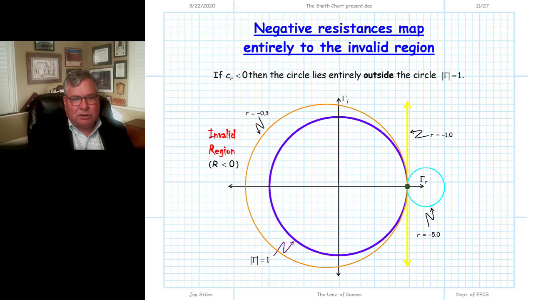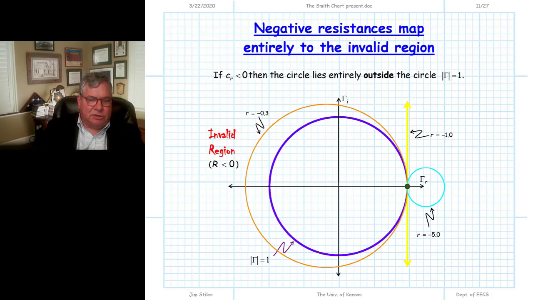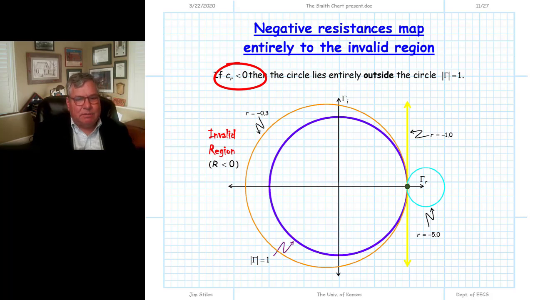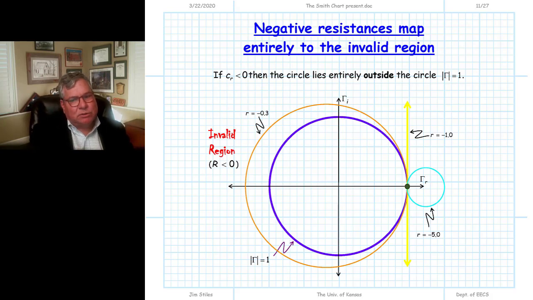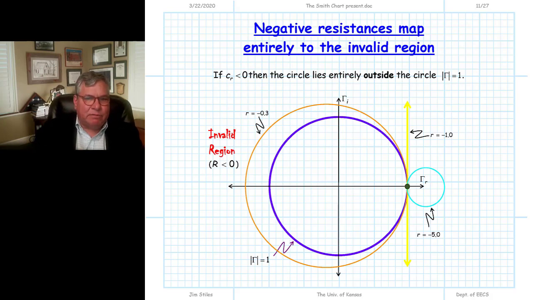All right, so now let's look at the other case, the situation where this constant CR is a value which is negative. So this would be example R equal to minus 0.3, that vertical contour on the normalized impedance plane, or a vertical contour which was R equal to minus 5. Of course, these vertical contours would reside completely in the left side of the normalized complex impedance plane.